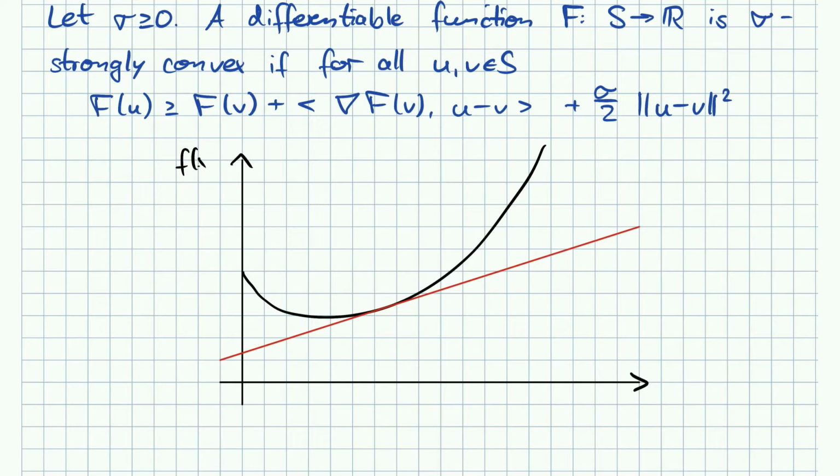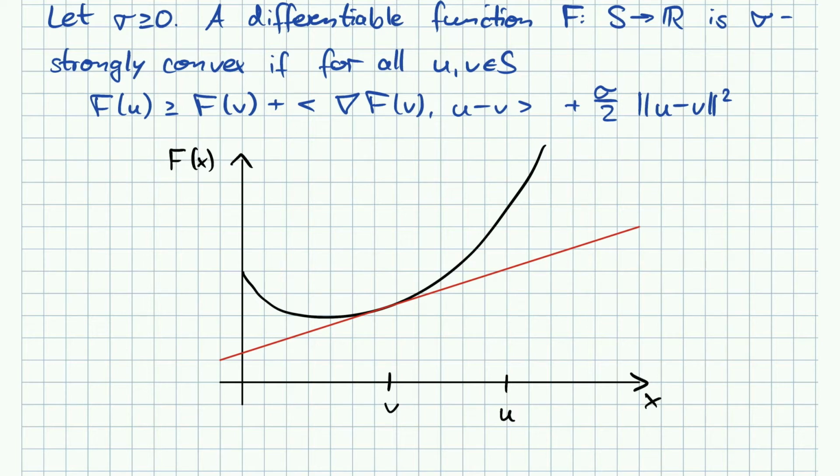So what we have here is f of x, and this might be some x. Here, this might be our v. And now let's consider some u like this. Now what has to hold? It does not only have to hold that f of v, or I should maybe also say capital F here, because I'm now saying that this is a capital F, not to be confused with the small f's that we have as our input.